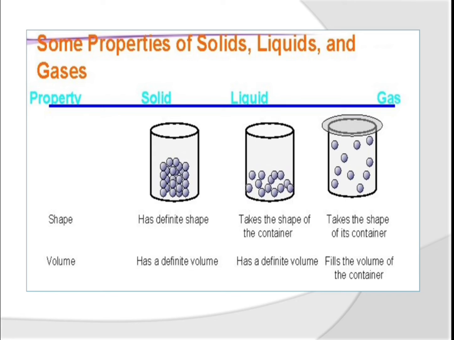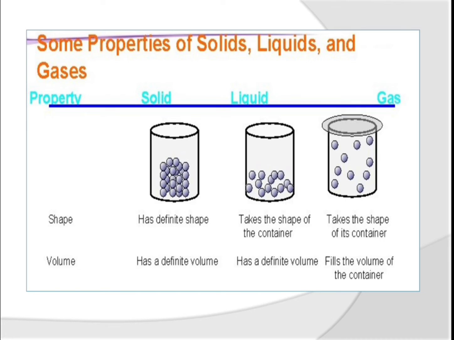Now coming to gases, these gases can freely move from one place to another, the air, you can say. And this air does not have any fixed shape, and also it does not have any fixed volume. It takes the shape of the container like liquids.